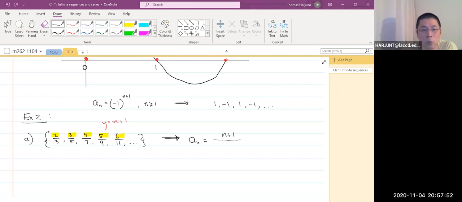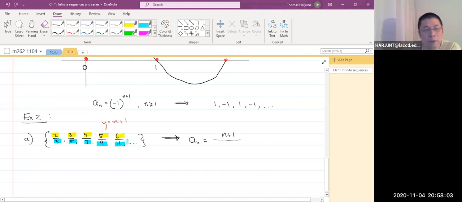Now, on the denominator, you notice that you keep on increasing by 2, right? So it must have something to do with the slope equals 2. y equals 2x plus something. When x equals 1, the y should be 3. So it's 2x plus 1. Right? Then this will be 2n plus 1.